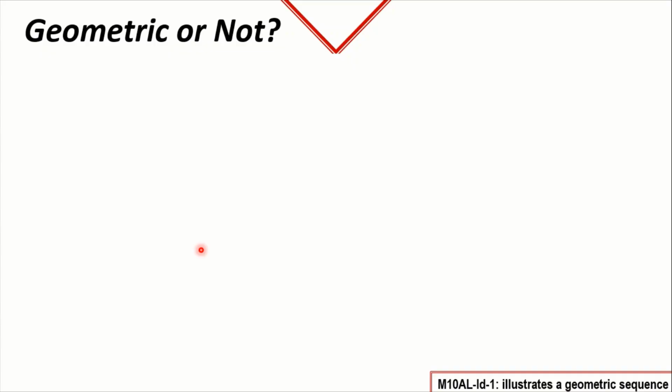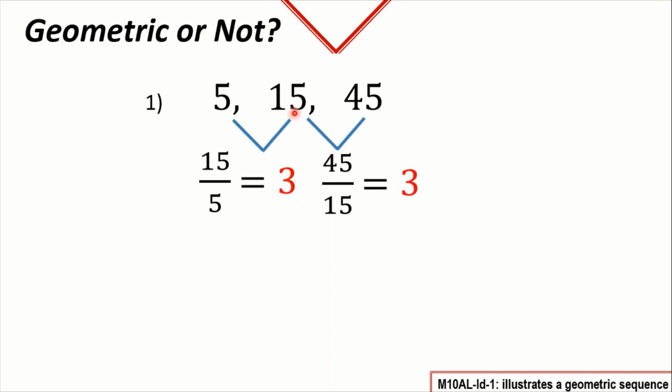Now, let us determine whether the given sequence is geometric or not. We have 5, 15, 45. So, para malaman natin kung geometric, tingnan natin yung ratio between two terms. So, ang gagawin natin ay second term divided by the first term. So, we have 15 divided by 5.